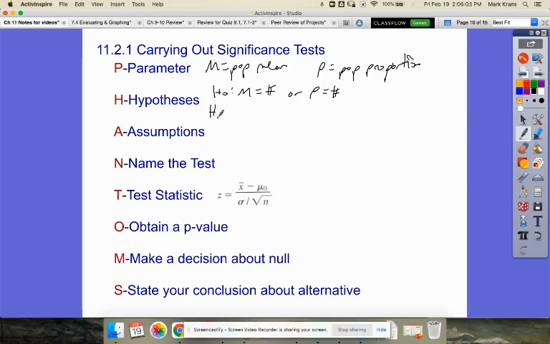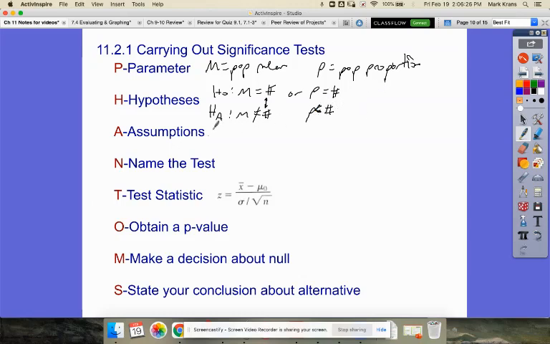And your alternative is your mu might be not equal to that number. This same number is the same. Okay, this is the claim number, and we're saying it's equal to the claim or it's not equal to the claim. This would be two tail, or you would say rho is less than or greater than some proportion. This would be one tail.